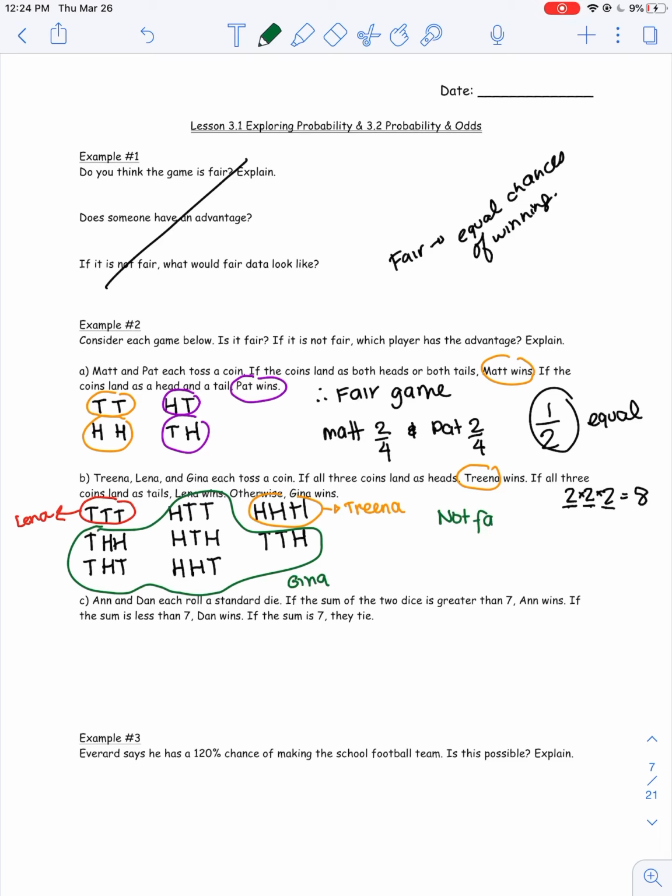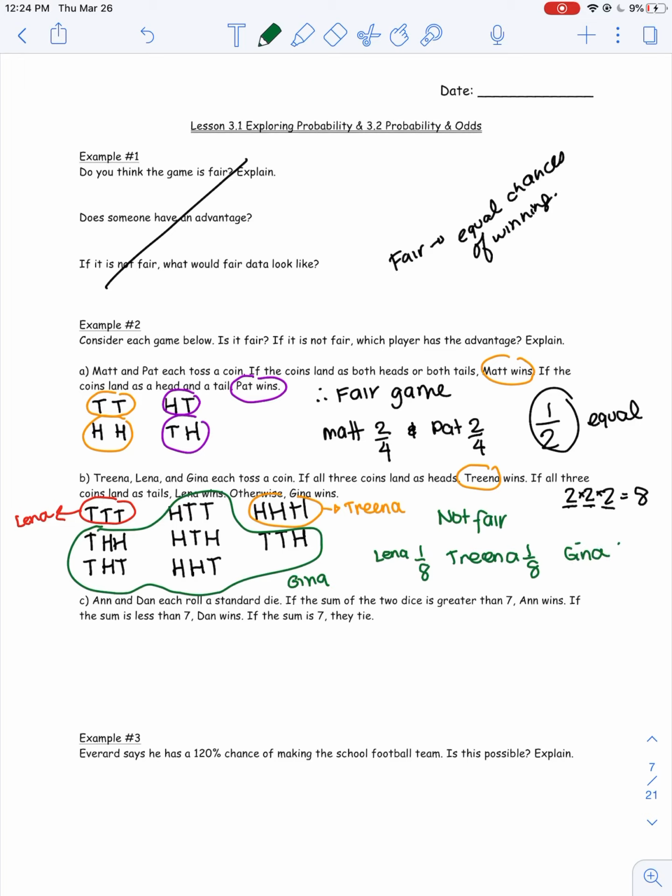What I'm seeing is that this game is not fair. The reason being is that Lena has only a 1 out of 8 chance of winning, and Trina has a 1 out of 8 chance of winning. So they're actually fair if that was it. If the game was just Lena and Trina, it would be fair.